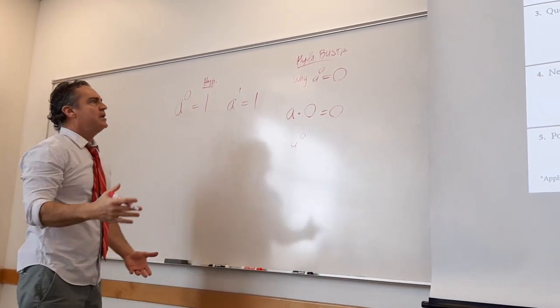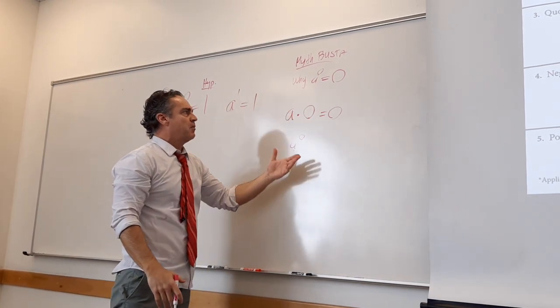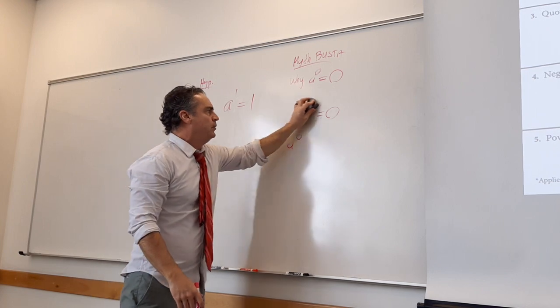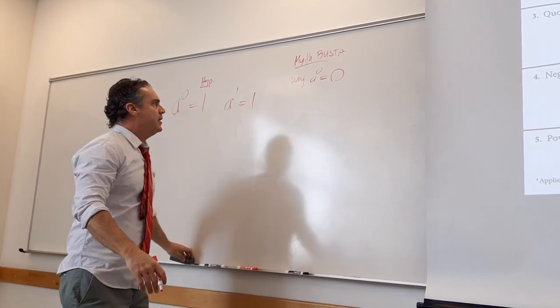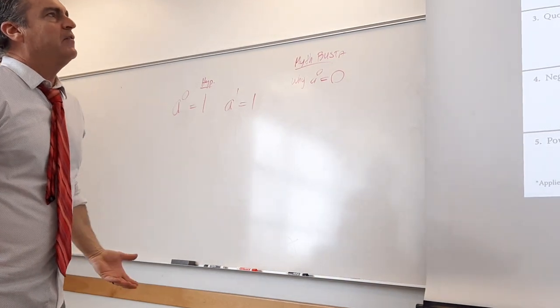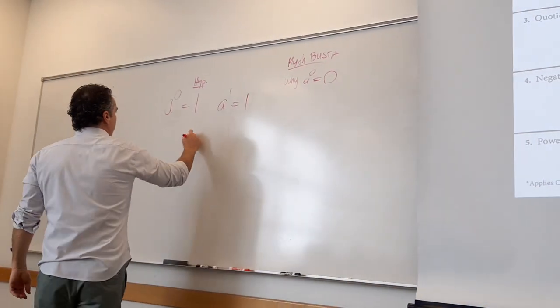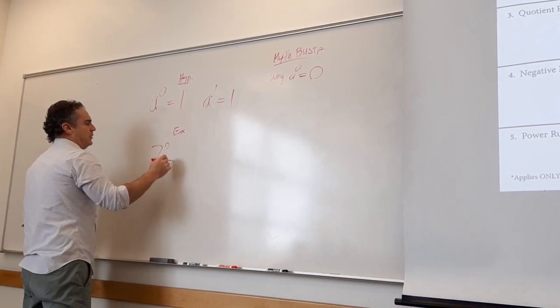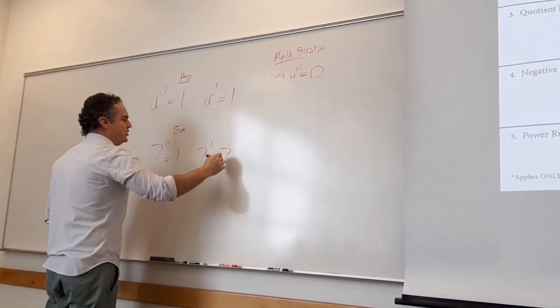Okay? All right, so this was the hypothetical, right? And right now, there's really nothing to write down except the Mythbuster right here, where we're saying, why doesn't A to the 0 equal 0? That's the only thing that I want you to have written down right now. The hypothetical is already written for you, but look at the example. Under the example, it says that 7 to the 0 equals what? 1, and 7 to the 1 equals 7.